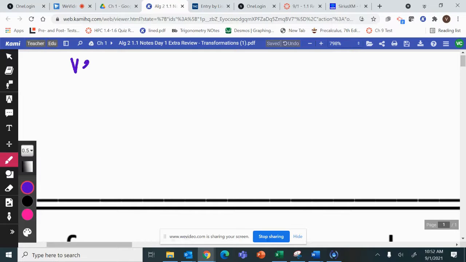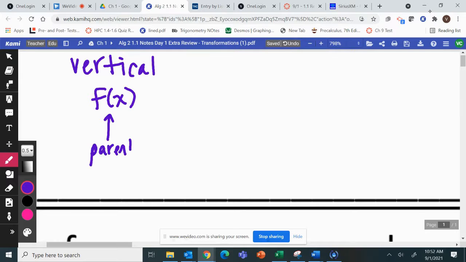If we have a vertical transformation, that means we're going to have some sort of parent function, and we will have plus or minus some number on the outside of the function.